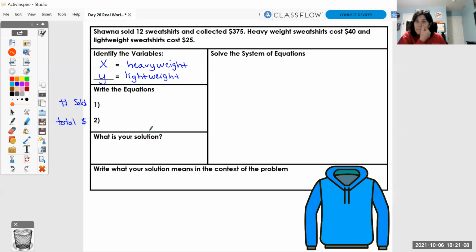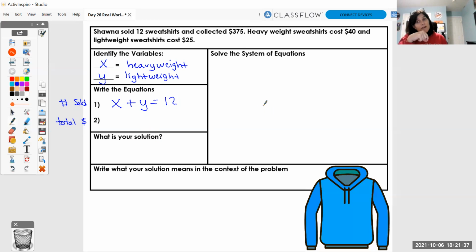So let's think about it. We have heavyweight and lightweight sweatshirts. All together, how many were sold? Right, 12. So the heavyweight sweatshirts plus the lightweight sweatshirts has to equal 12. So there's my equation about the number of sweatshirts sold.